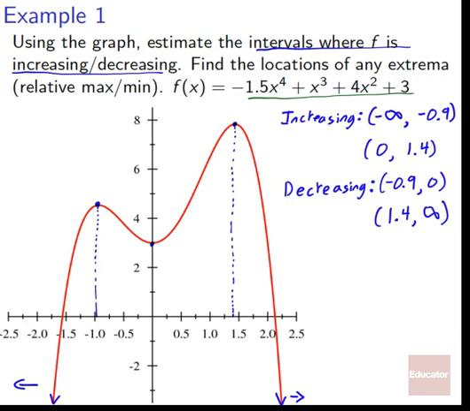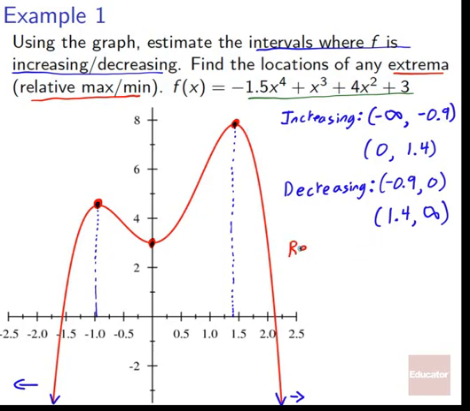Great. Now let's take a look at the extrema, where are the relative max and min. So we've got relative max and min at all of these flipovers that we talked about, here, here, and here. Our high location, the absolute max, in fact, is going to be up here.